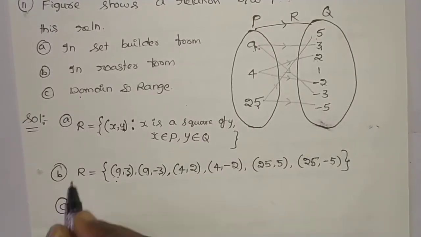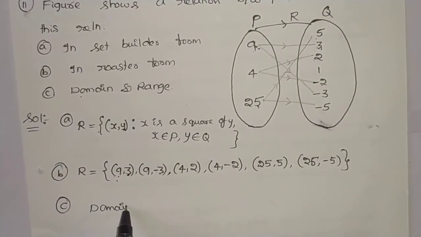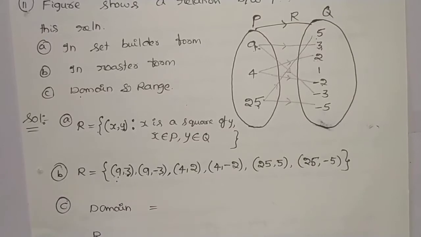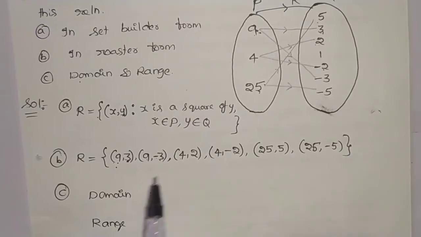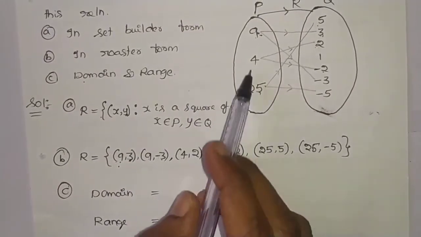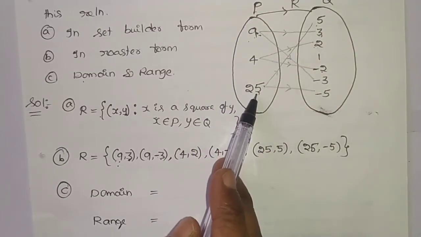Now next we have to find the domain and range. Starting of this problem, I already told you about domain and range. Domain is nothing but the set P. 9, 4, 25 is the domain.